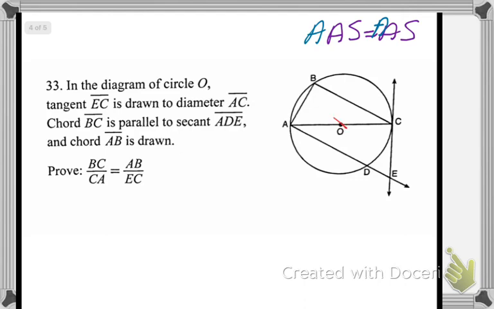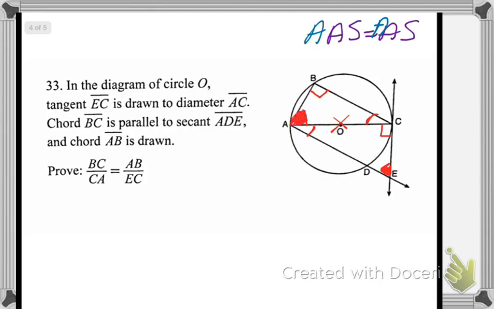Okay, so we said this was reflexive, that was our side, and we did alternate angles, and we said these are equal. And we have this right angle, and we have this right angle. Okay, so then that would mean that the leftover angle, so this one that I'm coloring in, is equal to this one.